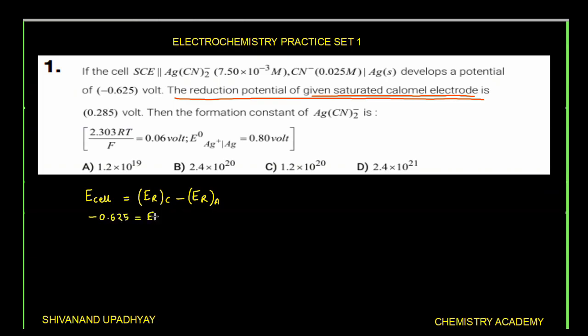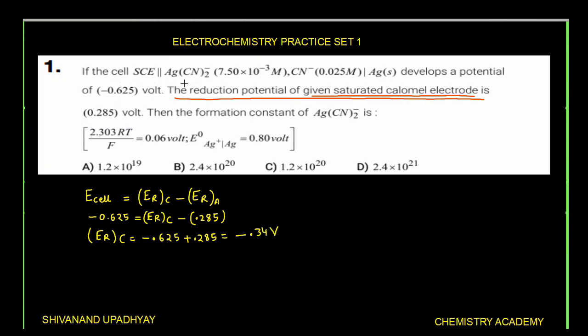From here I can calculate E reduction of cathode. The reduction potential of the calomel electrode is given, that is 0.285. So E reduction of cathode is equal to -0.625 + 0.285. If I simplify this, it is coming -0.34 volt.